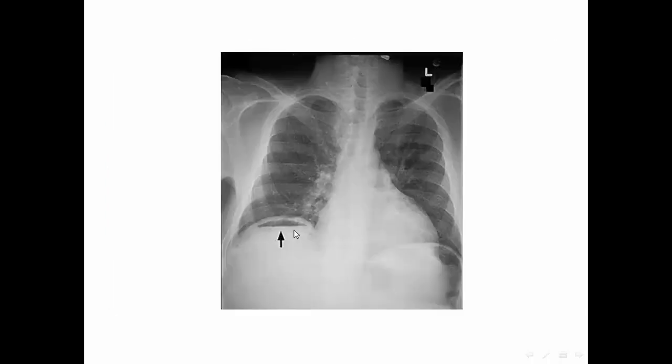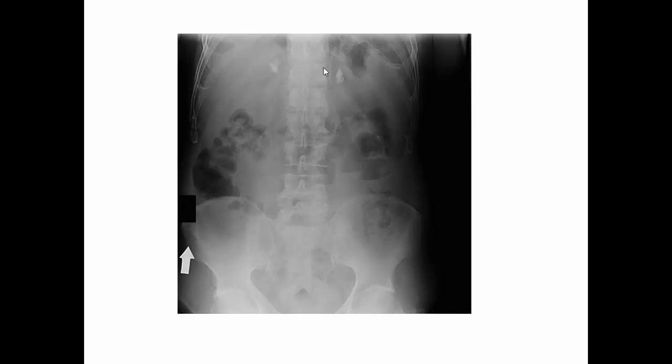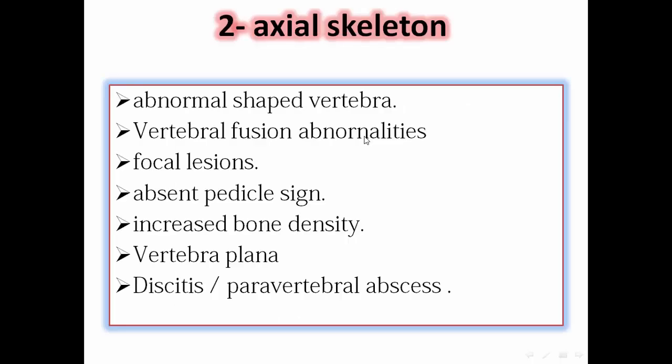In the next case, there is air under the right diaphragm in keeping with pneumoperitoneum. You can see here the classical calcification of the adrenal glands. I know this is an abdominal film, but just imagine if it was a chest X-ray and they included this part of the abdomen.